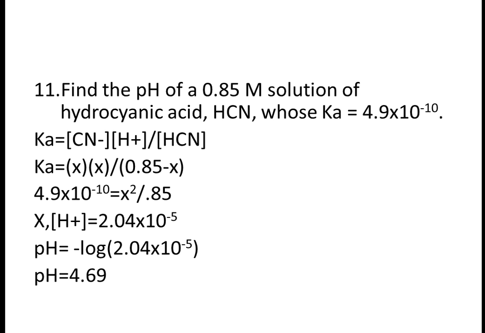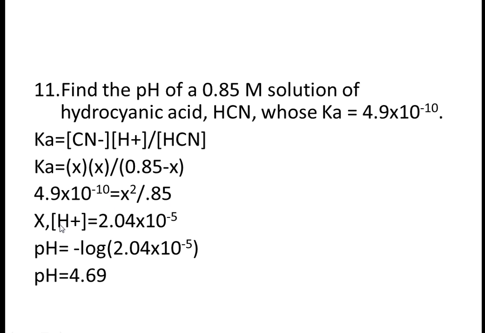So find the pH of a 0.85 molarity solution of HCN, whose Ka is 4.9 times 10 to the negative 10. So this is the equation that you need, and then you just plug in your knowns and unknowns, and you get 4.9 times 10 to the negative 10, which is equal to x squared over 0.85.